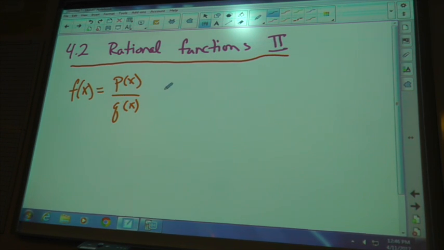All right. So, asymptotes. Vertical asymptotes. We're going to define them formally now. Asymptotes are really good in life. You actually like asymptotes because it means stability.